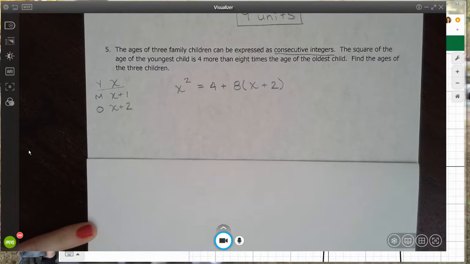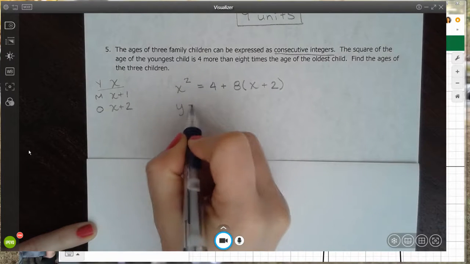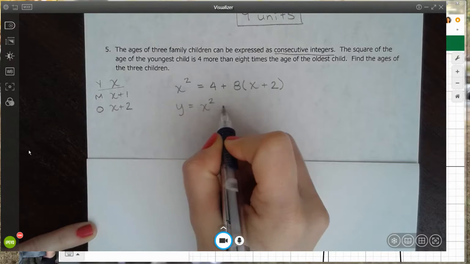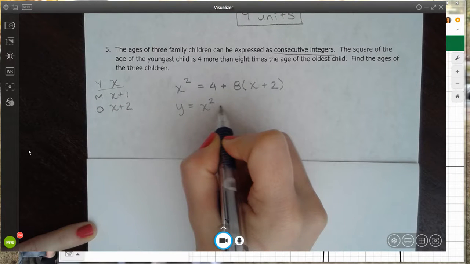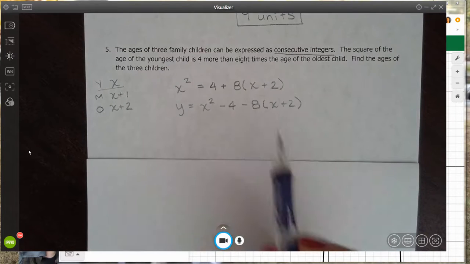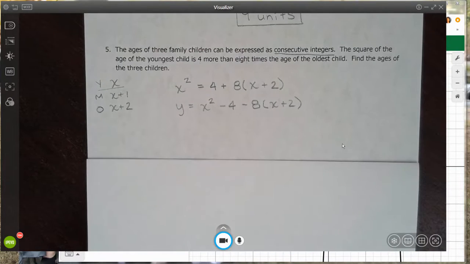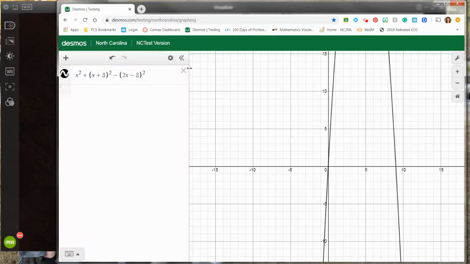And again, I'm going to get all of this together equal to y. So I'm going to do minus 4 minus 8 times x plus 2. And that's exactly what I'm going to put into Desmos as soon as it catches up and stops freezing. There we go. So I subtracted 4, I subtracted this term, and I'm going to just put that in Desmos. And I'm going to find my roots.